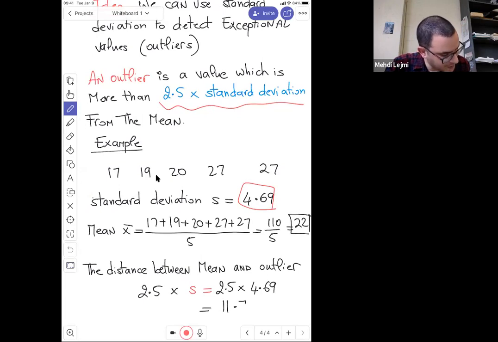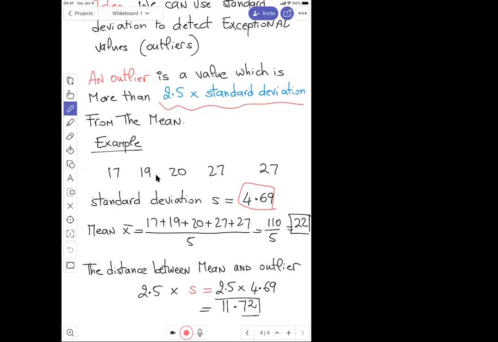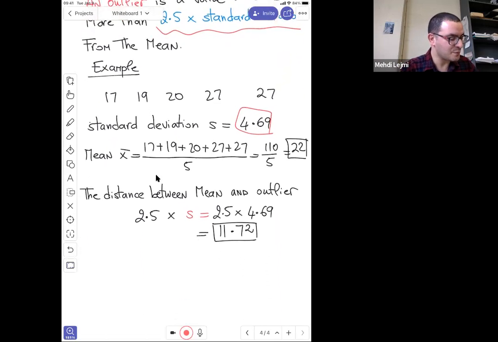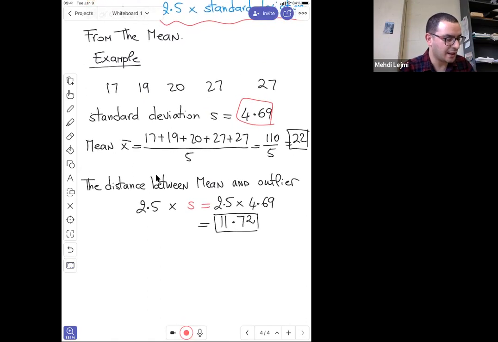Thank you. That's the distance between the mean and an outlier.